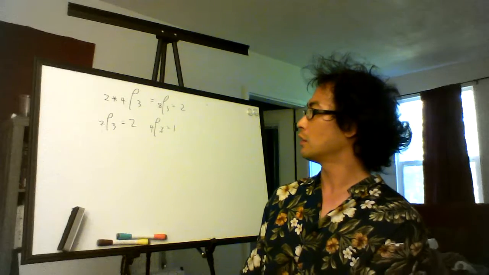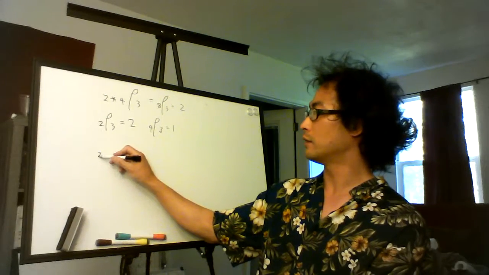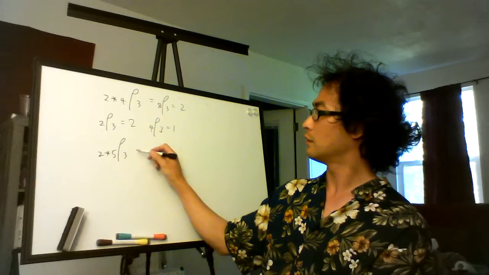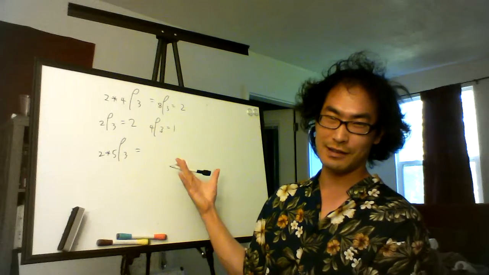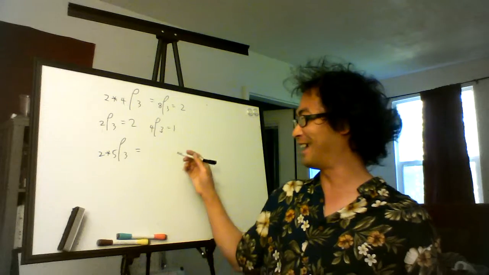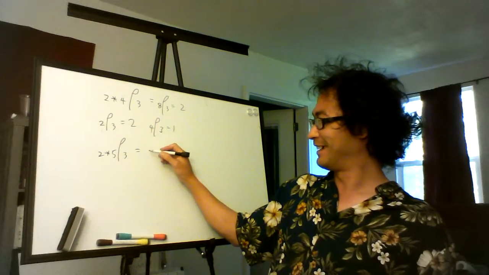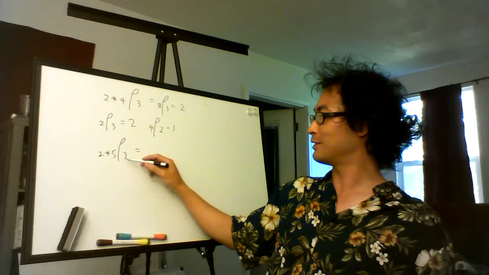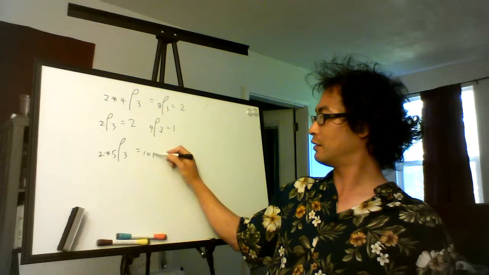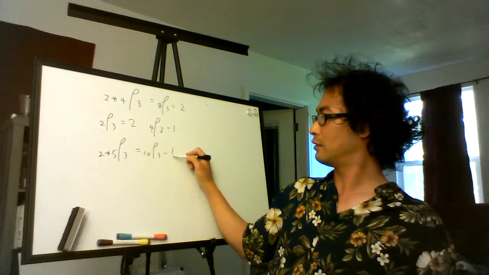How about 2 times 5? Lazy man's proof. Proof by 2 examples. Conjecture by 2 examples.